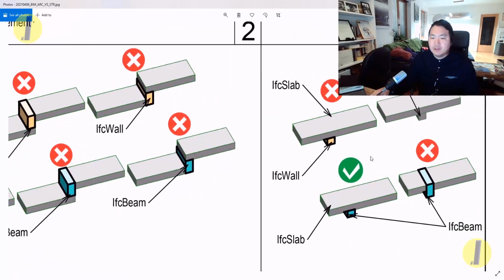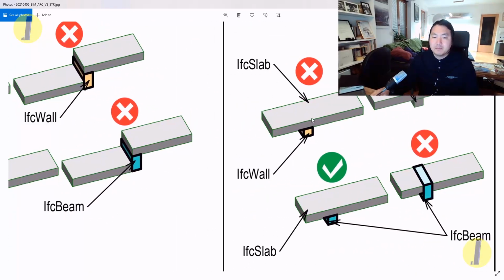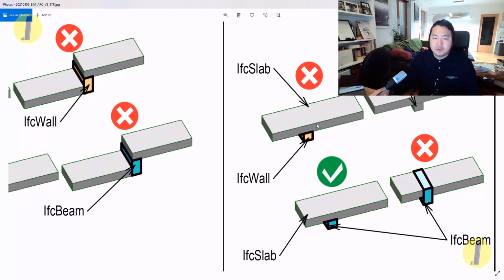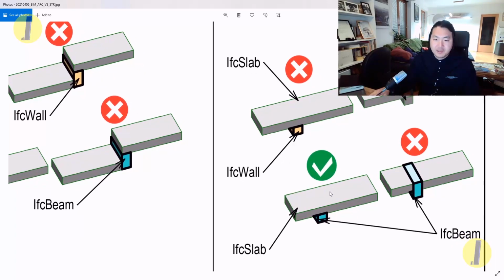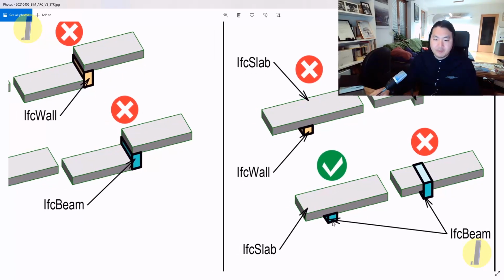And here we have a downstand beam below the slab. In this case there's no element below this framing, so it's always tricky.